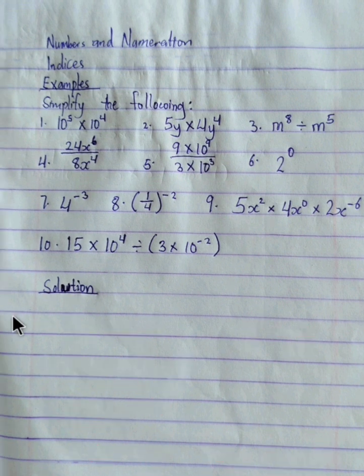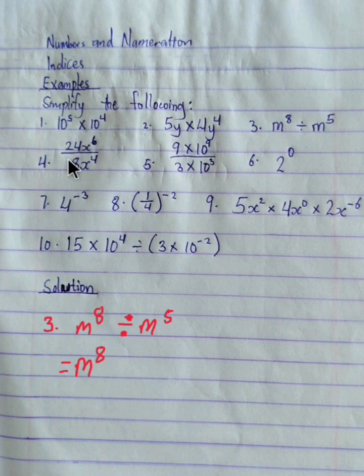In example 3, we have m raised to the power 8 divided by m raised to the power 5. This time around, we are going to divide indices. So whenever you are asked to divide indices, we are going to apply another law. We are going to subtract the powers instead of adding the powers.